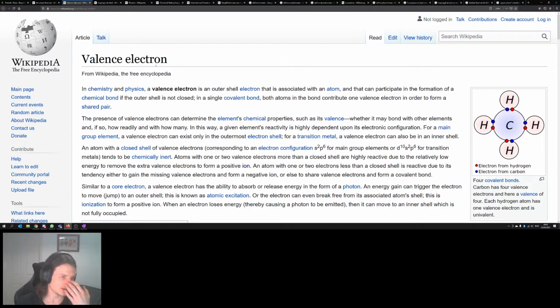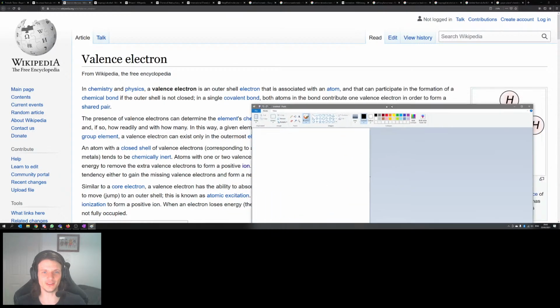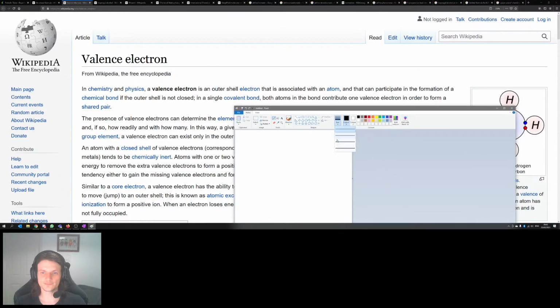Valence electron. In chemistry and physics, a valence electron is an outer shell electron that is associated with an atom. So let me just try and draw that. If I remember correctly, I don't think I do. We have the middle with the protons, and then we have the, can't remember what these are.